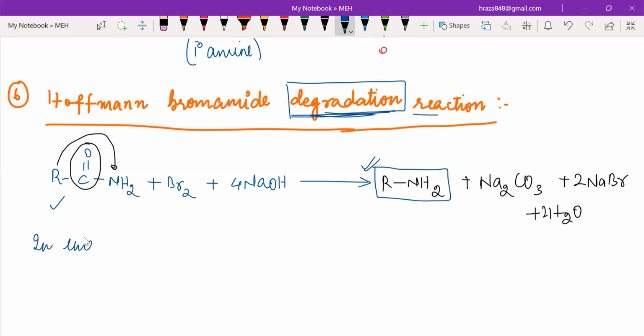So I'm going to write a point in this degradation reaction.